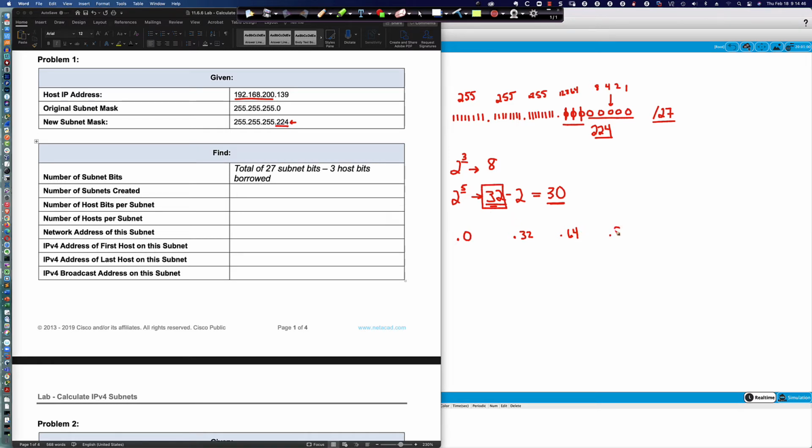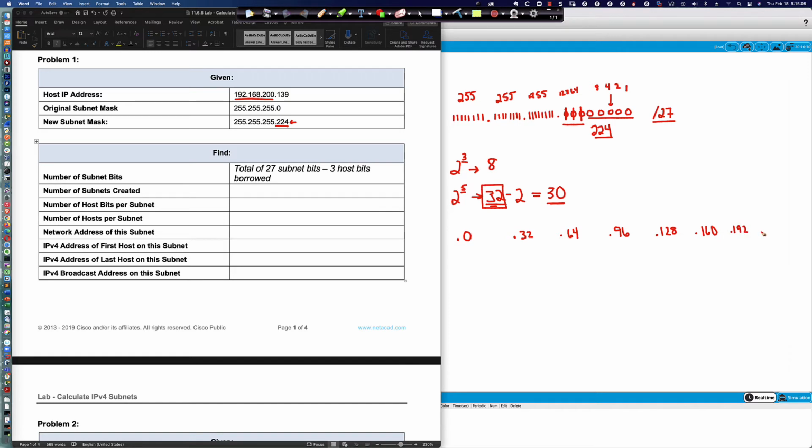The fourth subnet is going to be .96. The fifth subnet is going to be 128. The sixth subnet is going to be .160. The seventh subnet is going to be 192.